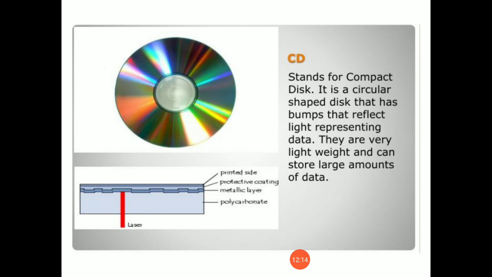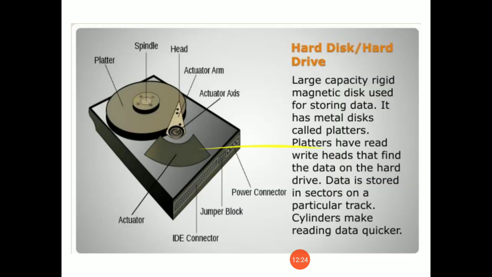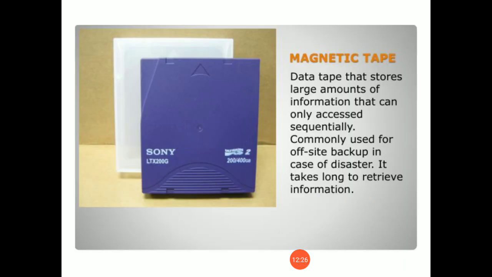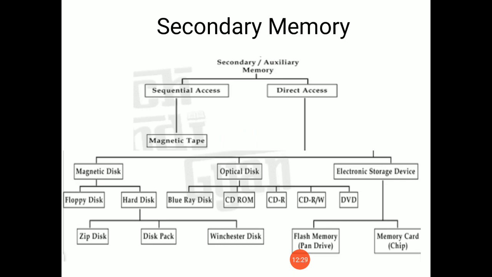Next I'm going to discuss optical memory, and in optical memory the first classification is CD. I've told you that secondary memory is divided into sequential memory and direct access memory.